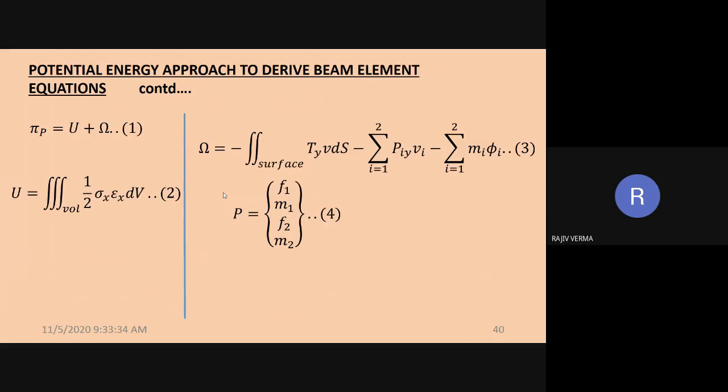If you follow the matrix formulation, the loading on the beam is expressed as F1, M1, F2, M2. This basically is a column matrix given in equation number 4, and the degrees of freedom in equation number 5.